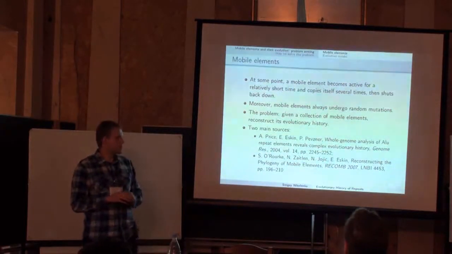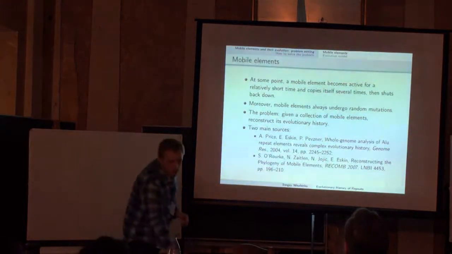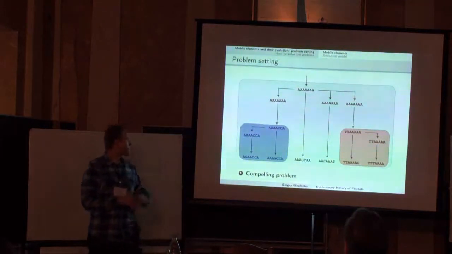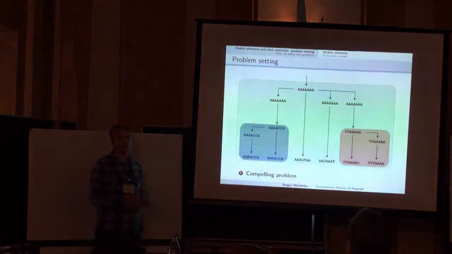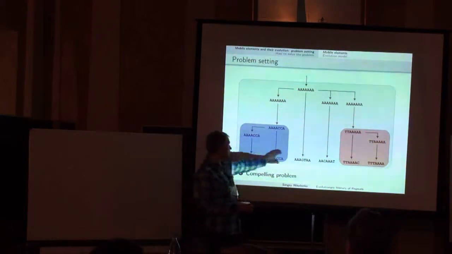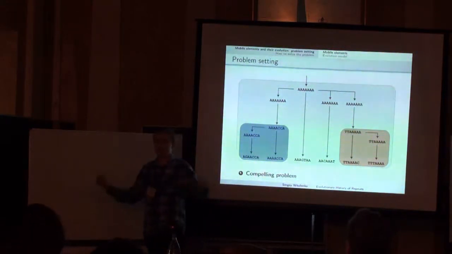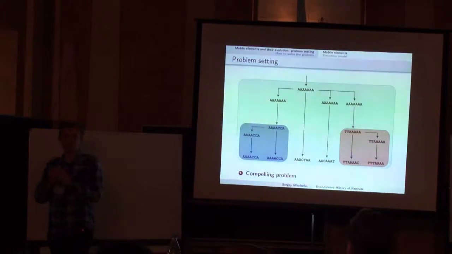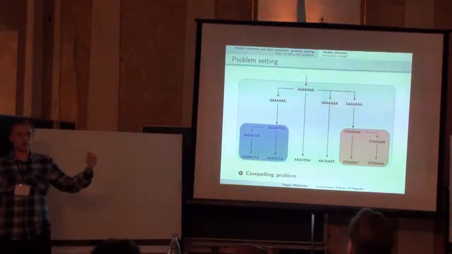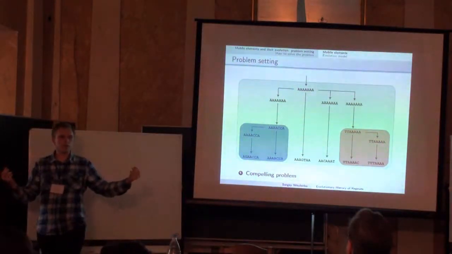So the problem is that after this long evolutionary process, if we take a single human genome, what we actually get is a snapshot of the current situation in this evolutionary process.